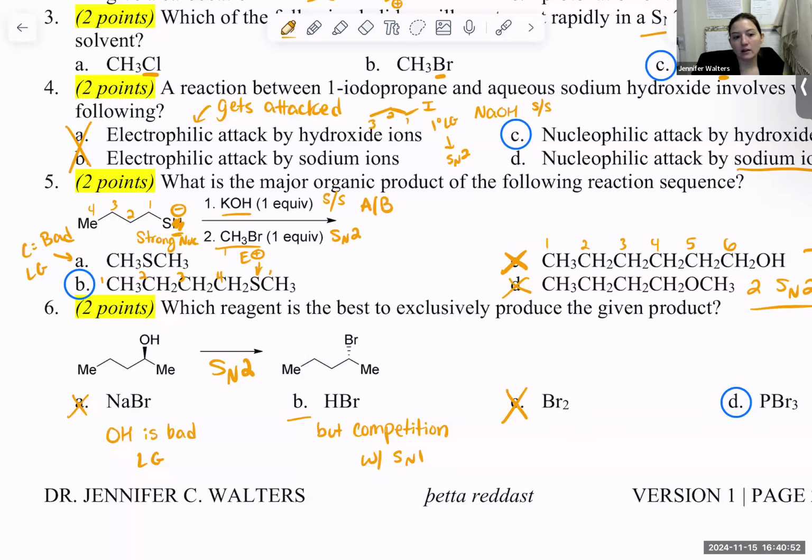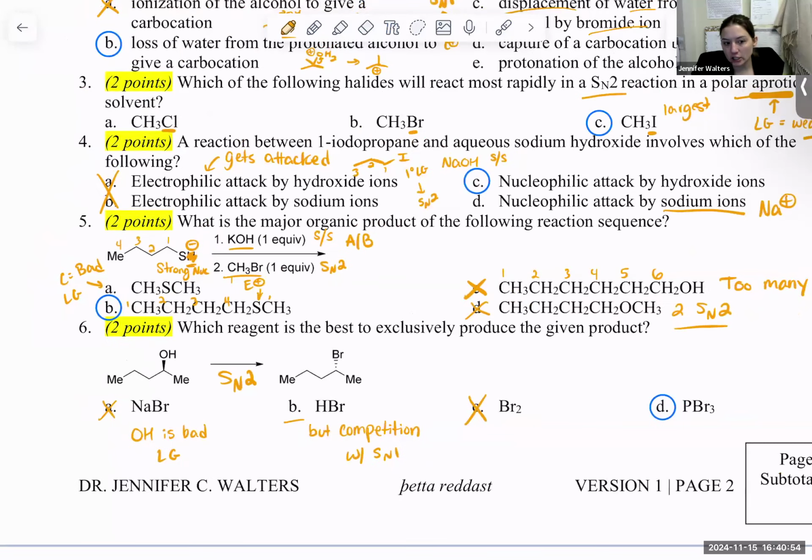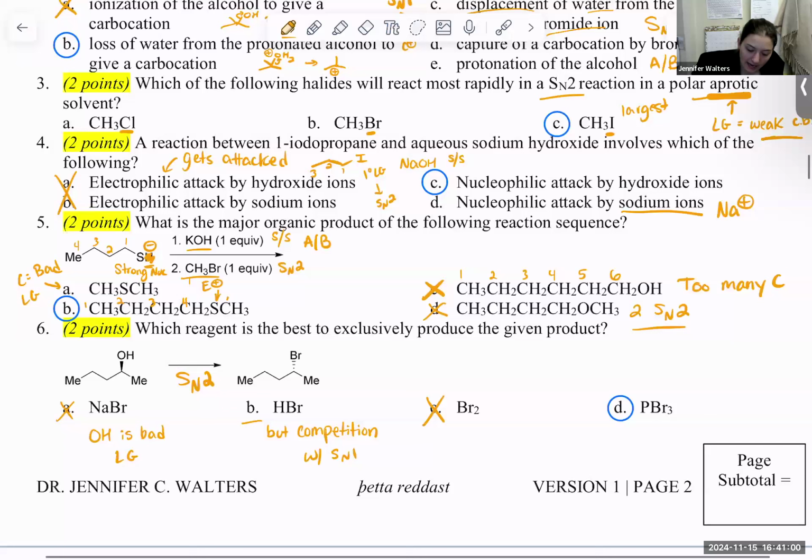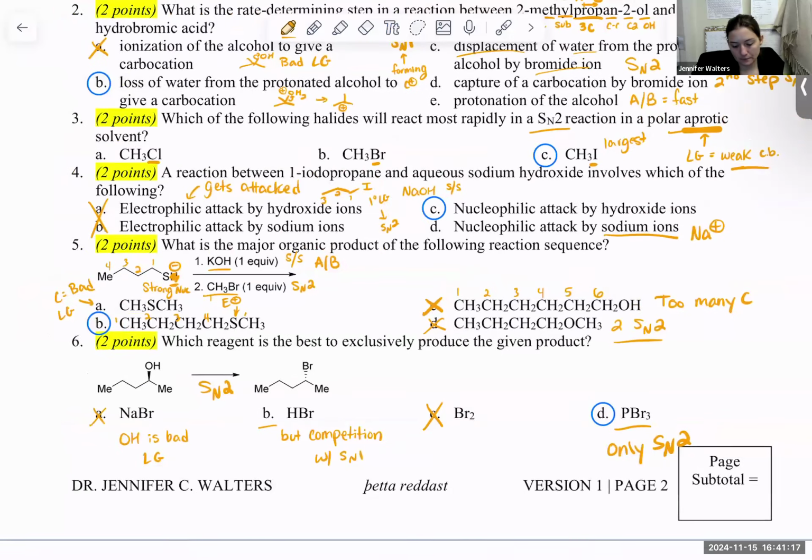So that's why B can do the reaction, but it's not the best. The best is our phosphorus tribromide. That's the one that will exclusively produce this product because it will only react via SN2. And it's very good at turning an alcohol into the good leaving group for the SN2 reaction to be promoted. Any questions about 6?